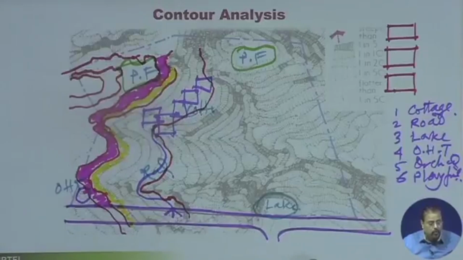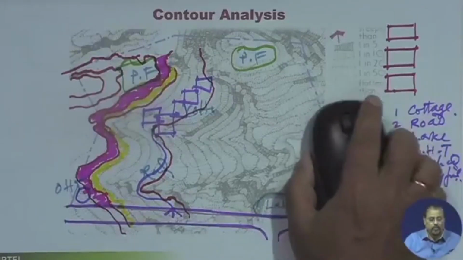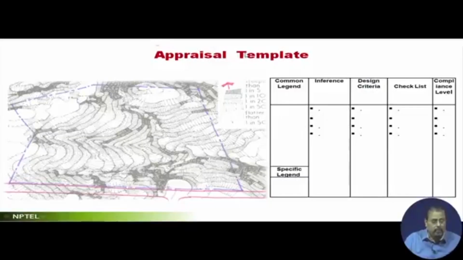The template I am going back again to show you that in this particular template, in the appraisal template here it will be written as contour analysis, and after that you will decide what the common legends are already in the drawing and what specific legends like cell levels, contours and all these things that you will write here, and then you will infer.